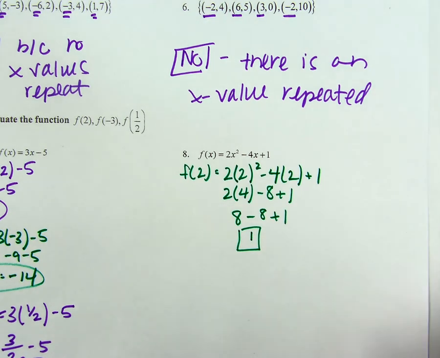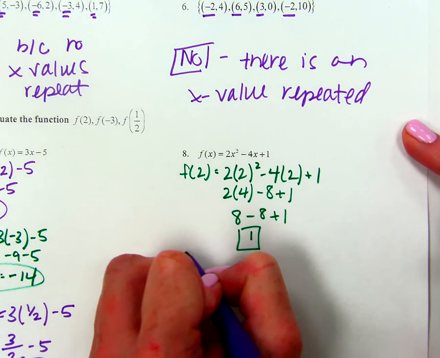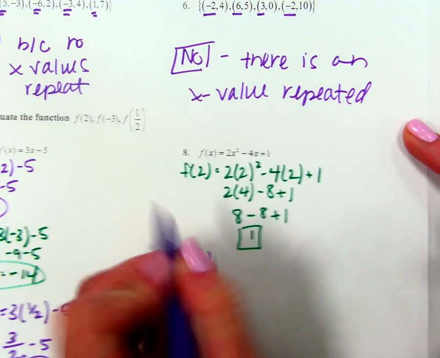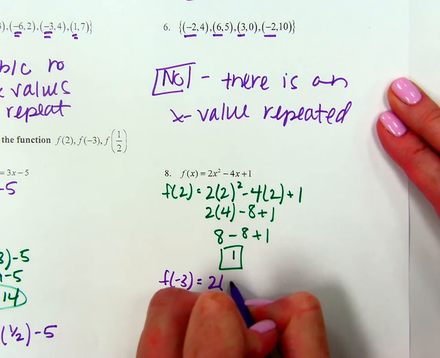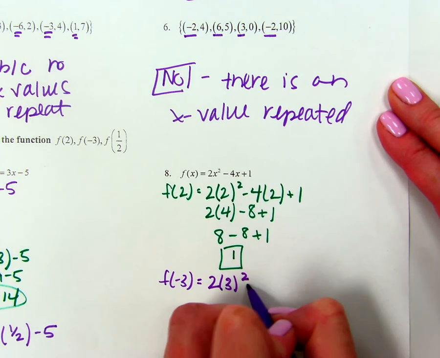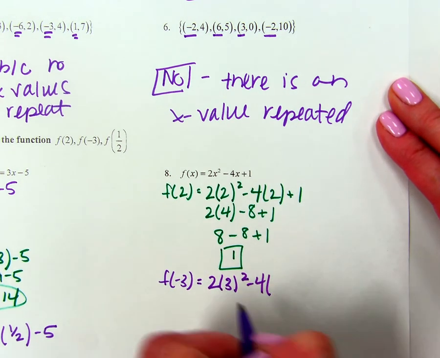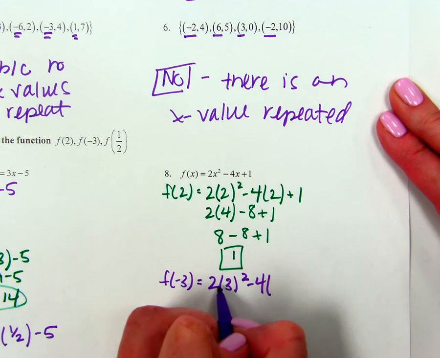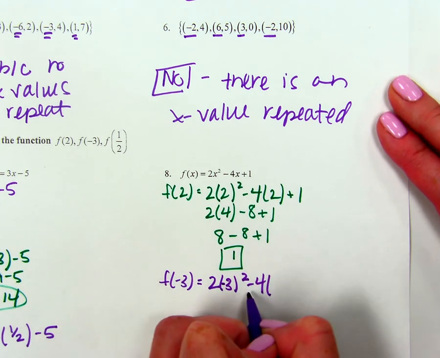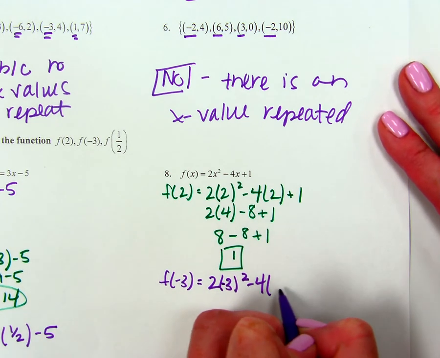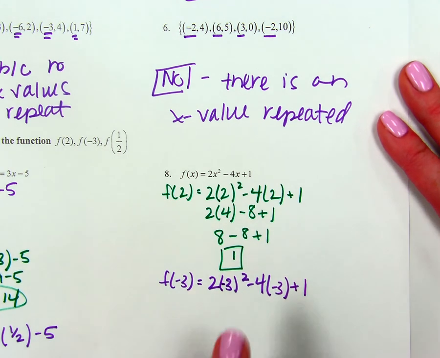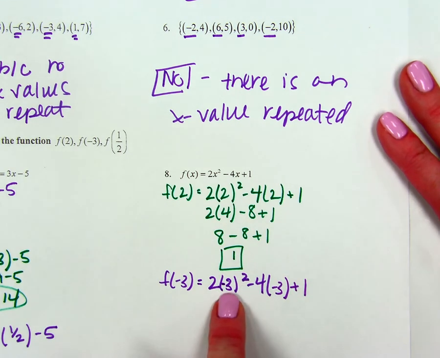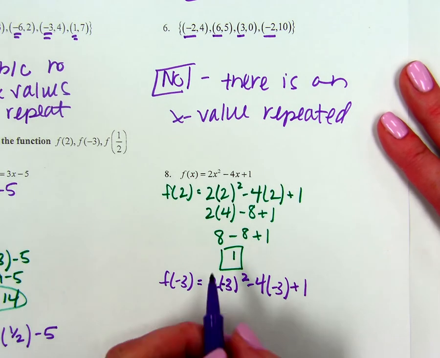Same thing again for f of negative 3. Two times negative 3 squared minus 4 times negative 3 plus 1. So negative 3 squared, negative 3 times negative 3 becomes positive 9.